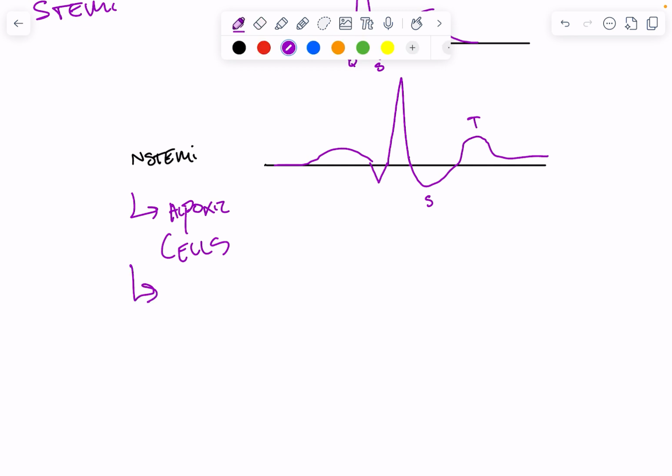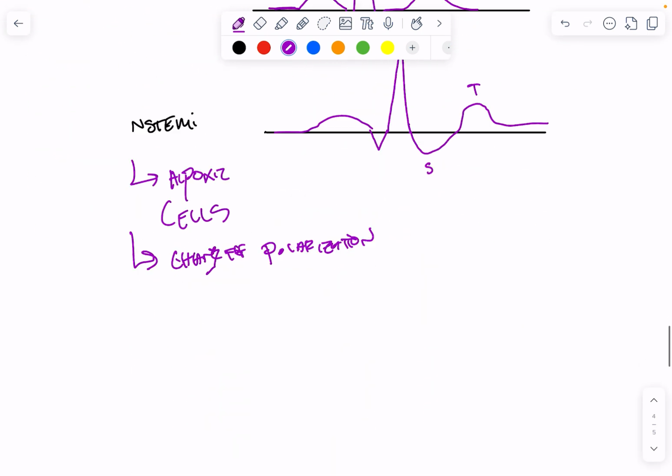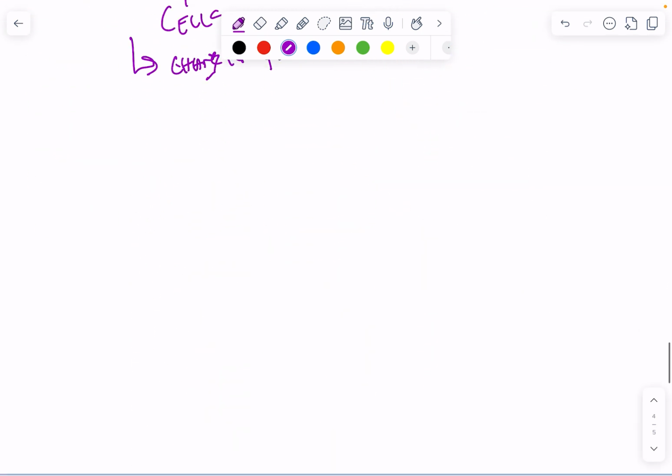So this is going to result in a change, which is going to change the look of the EKG. And now we'll talk about STEMI.